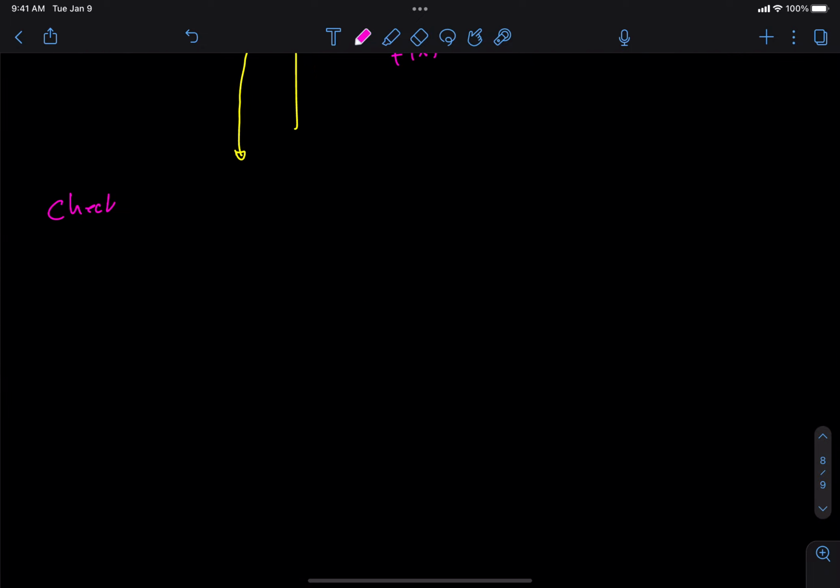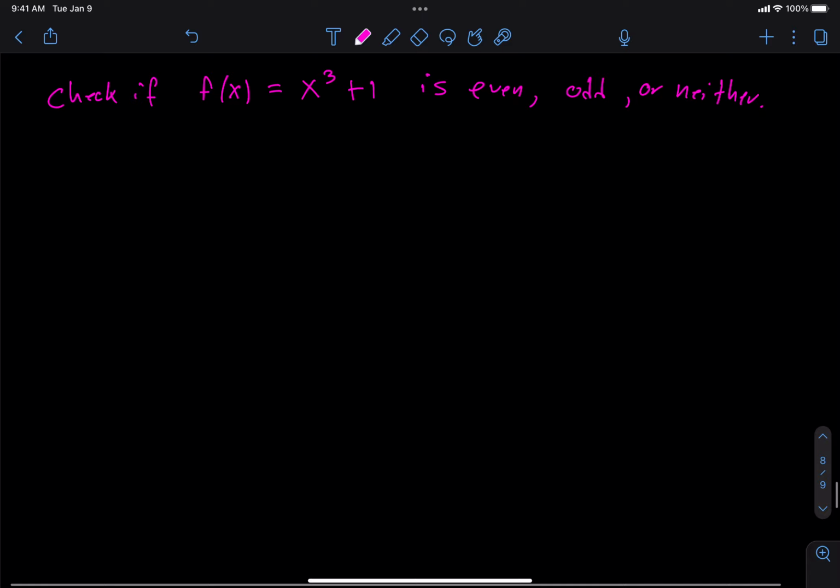Let's check if f of x equals x cubed plus 1 is even, odd, or neither. We don't really need to check whether it's even, or do we? Because we decided if there's an odd power, it's definitely not going to be an even function.